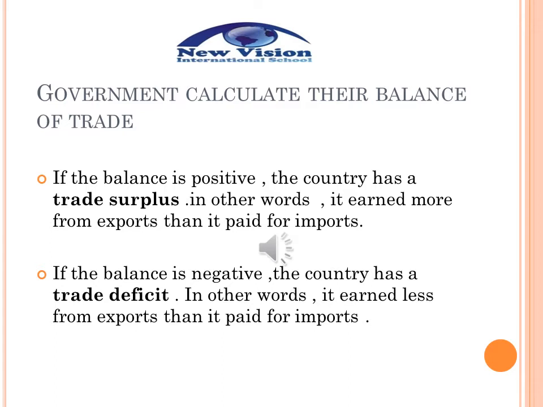In other words, it earned more from exports than it paid for imports. But if the balance is negative, the country has a trade deficit. In other words, it earned less from exports than it paid for imports.